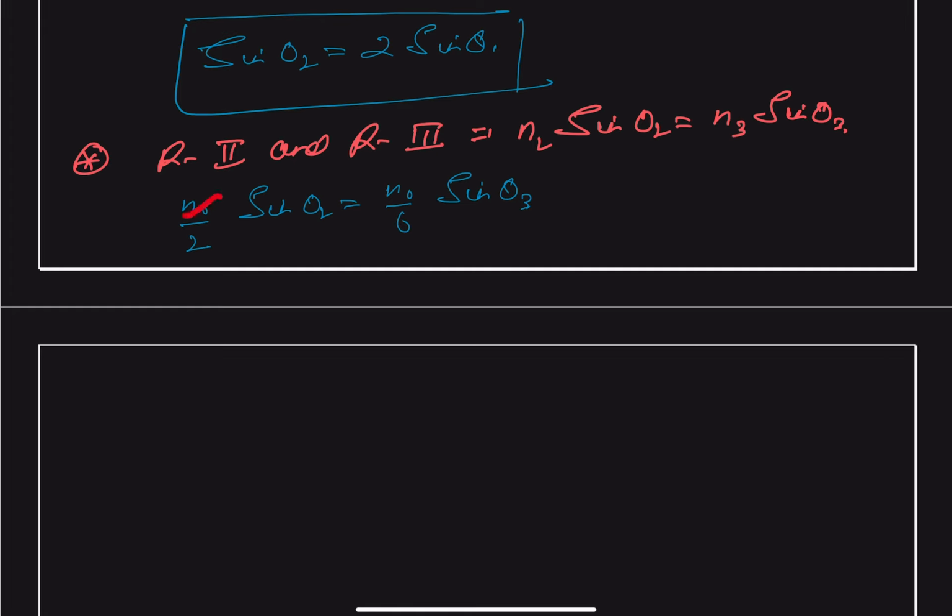Once again n0 and n0 go away, and we get that sine of theta 3 is equal to 3 times sine of theta 2.